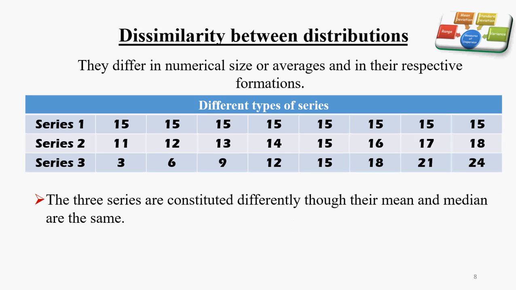Now let us understand the difference in these 3 series though mean and median are the same. The three series are constituted differently, though their mean and median are the same.